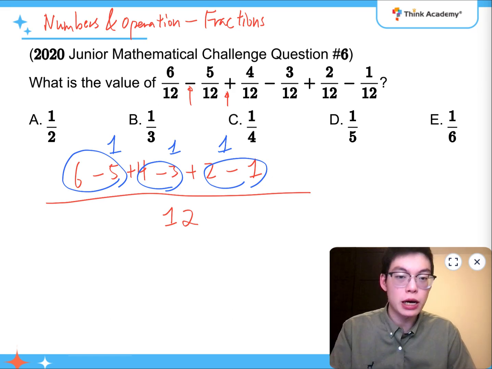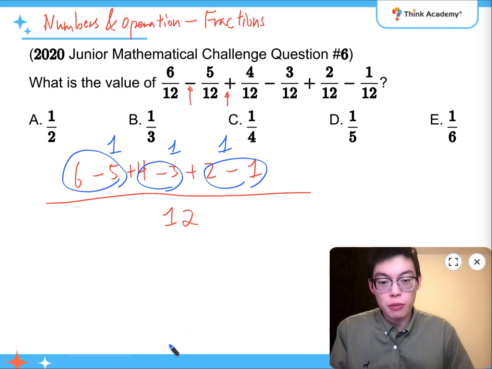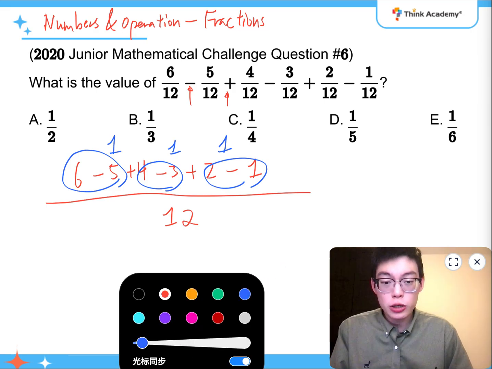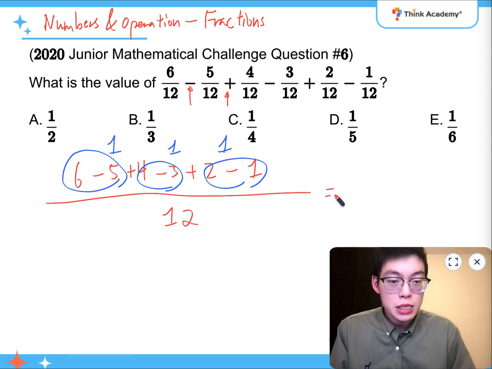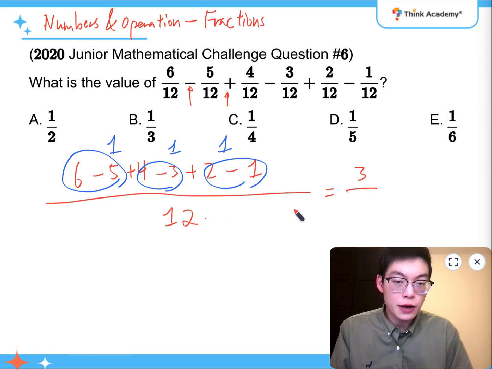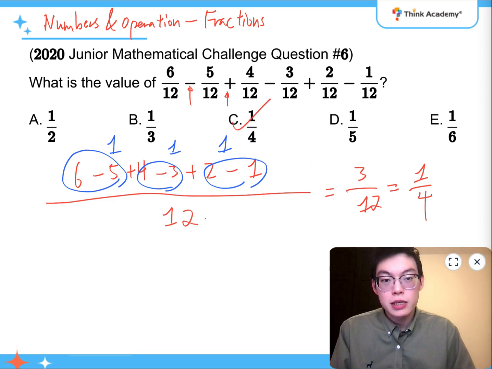So that's the reason why I chose to take the lazy way and to group it. But if you are not really familiar with maths, don't use this, okay? So we're going to get 3 of the 1s, which is 3 over 12. And that's going to be a quarter after simplification. So the answer is C.